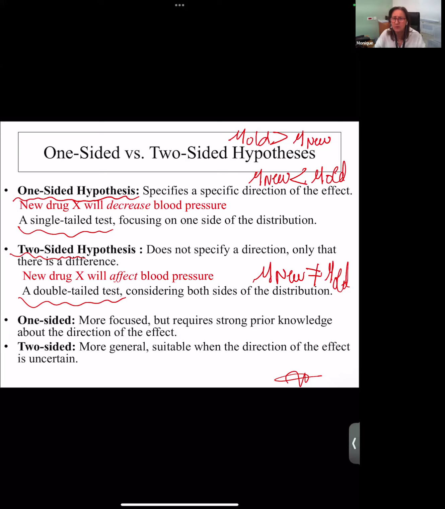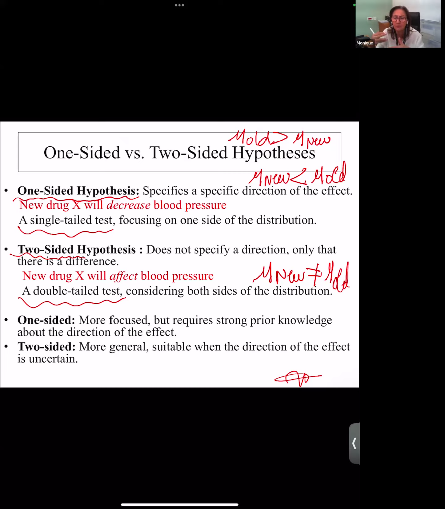If you want to test whether those filters reduce it, you pick a few generators in the neighborhood, you install filters, and you compare to those that don't have filters. What are you expecting in terms of your study? That the filter would reduce the emission. Because you are expecting a reduction, when you set up your hypothesis, it will be one-sided.